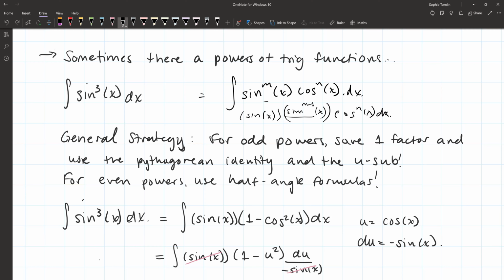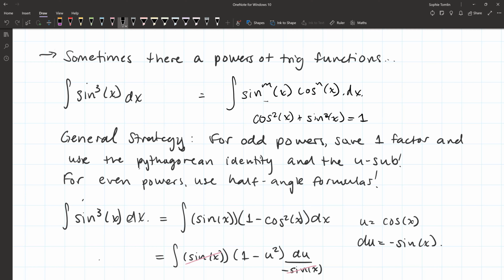Pretty messy, but then you're going to use the Pythagorean identity. If that sounds long and scary, I promise it's not. It's my absolute favorite trig identity, and probably one of the most helpful ones. In particular, cos squared of x plus sine squared of x is equal to 1.